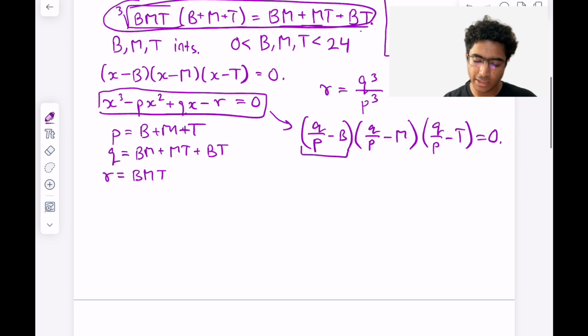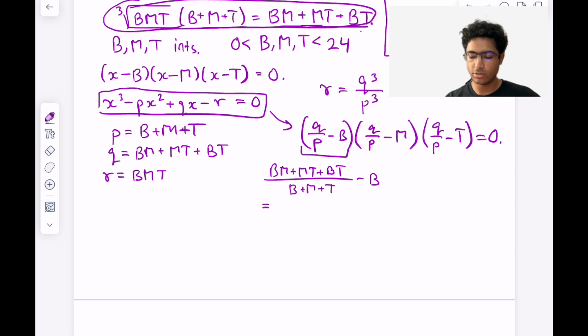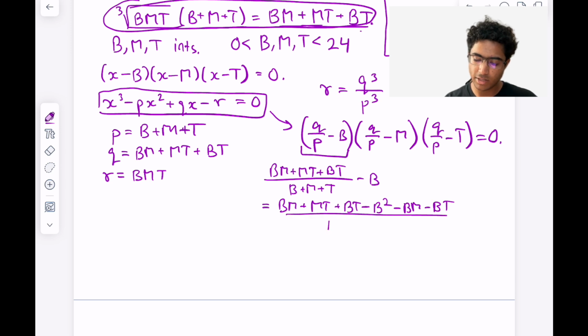Plugging in q and p gets us bm plus mt plus bt divided by b plus m plus t, minus b. If we move b to the numerator, that's bm plus mt plus bt minus b squared minus bm minus bt divided by b plus m plus t.